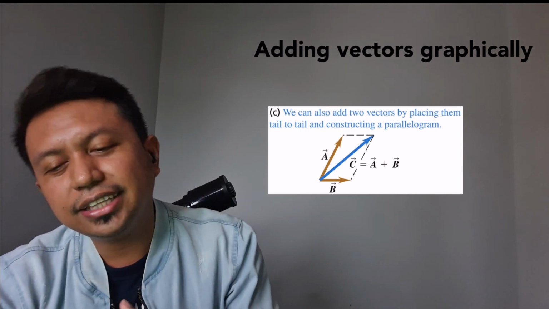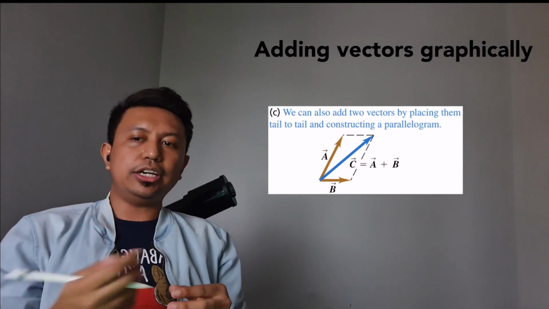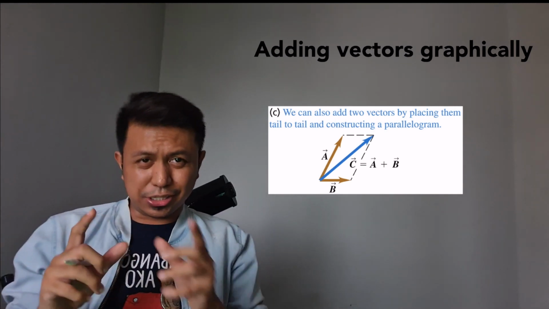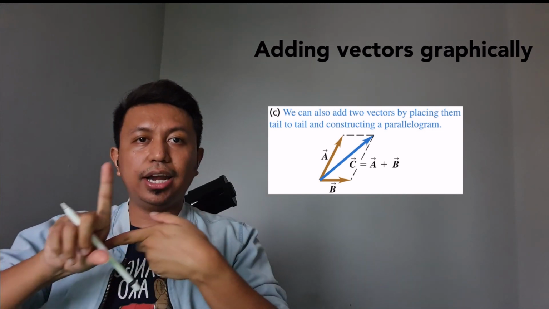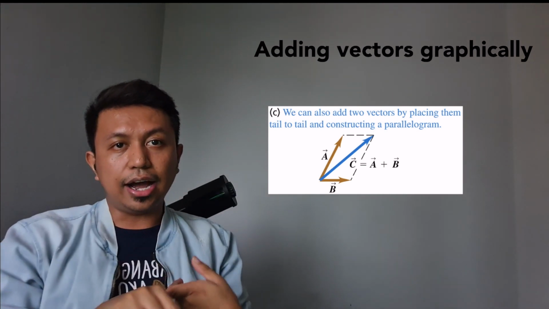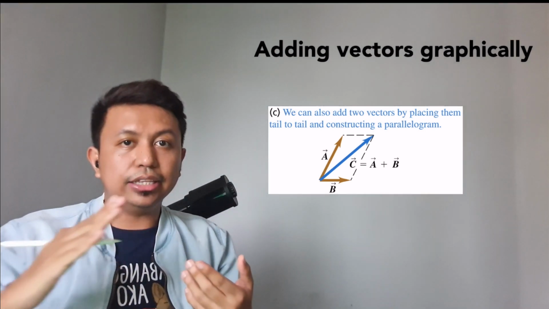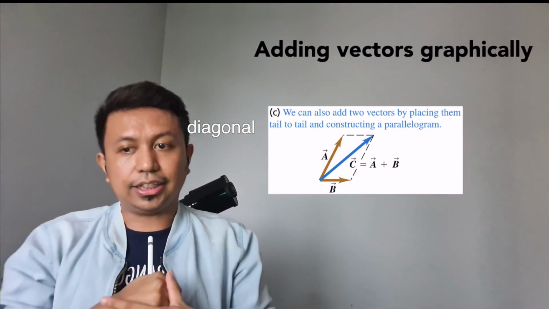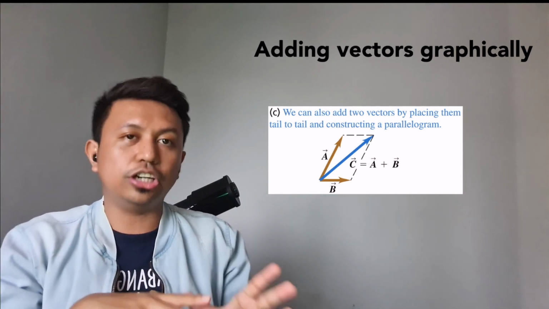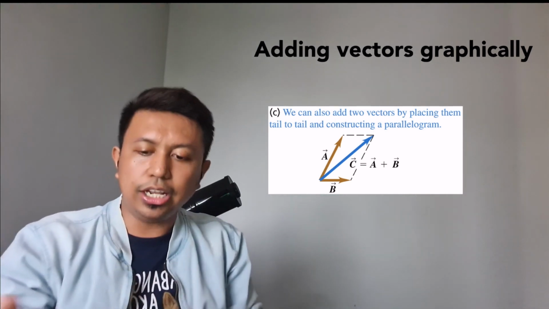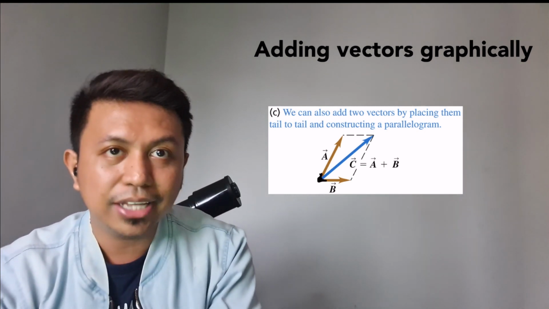Another method that I think we need to learn is the parallelogram method. In the parallelogram method, you put the two vectors together, and then you create a parallelogram so that you can get the resultant vector in the middle of it. We can also add two vectors by placing them tail to tail and constructing a parallelogram. So look at tail to tail. You combine them here.